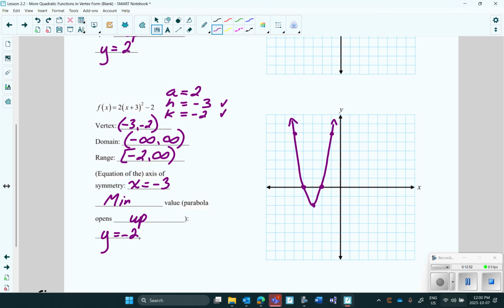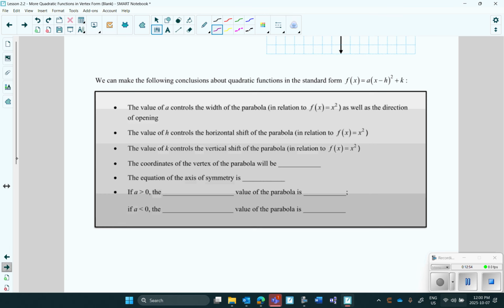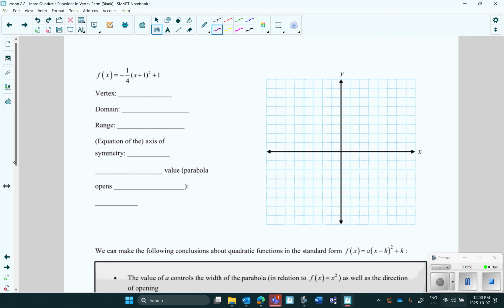Okay. How many more do I have here? Just one more. Oh, this one is insane. If you get this one, you know what you're doing. Okay, let's get the vertex. First of all, what's A? Right, so that means two things are going to happen. It's going to flip because there's a negative, and it's going to stretch because there's a quarter.